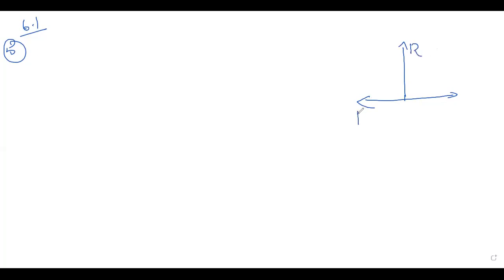R, P, O, Q, and this is OS. This is 90 degrees. Given: angle ROQ is equal to 90 degrees.